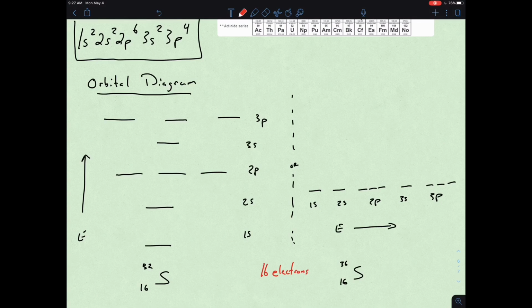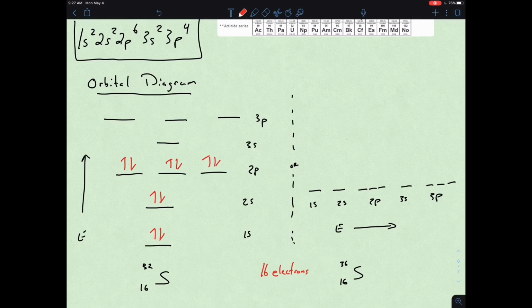So plugging them in, we start at the bottom, first pairing up the 1s, then we fill up the 2s. Now we go to the 2p, and I just have a habit of this: at first I always invoke Hund's rule. 1, 2, 3. Okay, now there's 1 in each one of those degenerate orbitals. And now I go back and I start to pair.